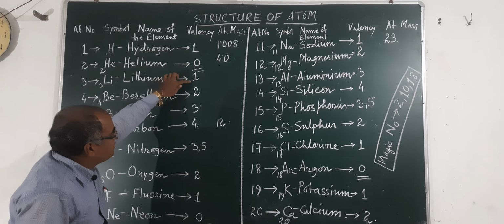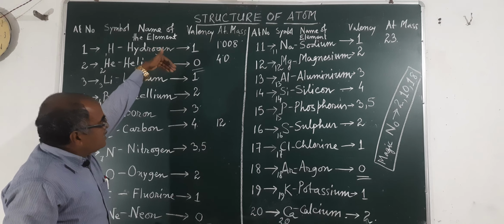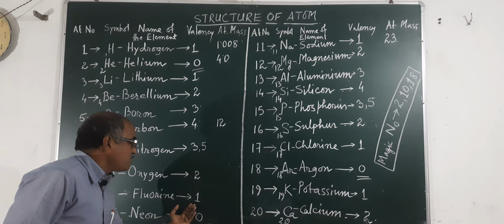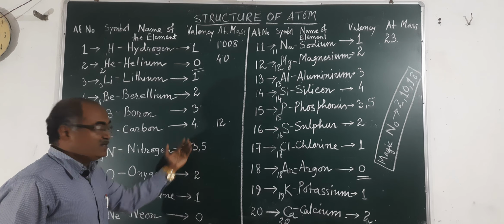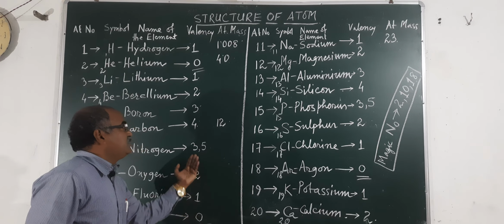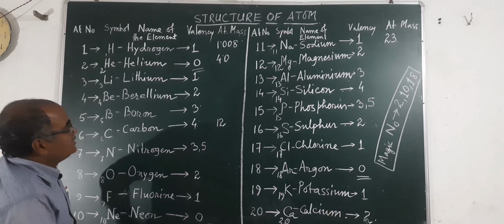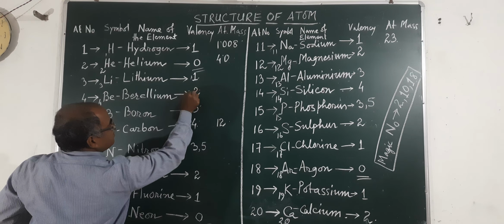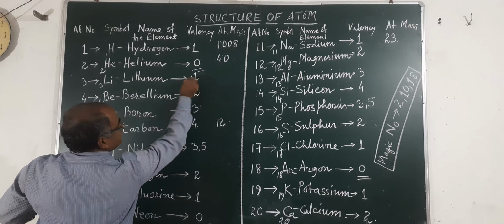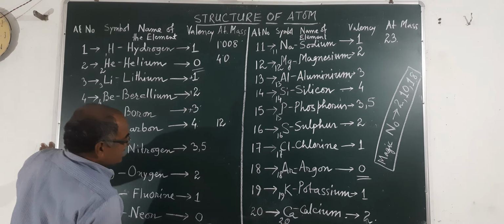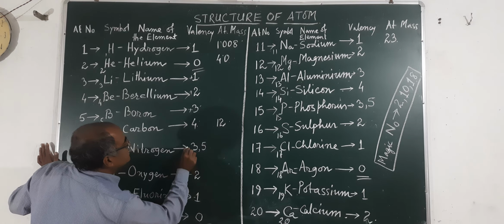From here we are counting the numbers in a progressive way, and here we are counting in the retrogressive way, that is, negatively. Here it is positive, so you may write +1, +2, +3, and here we can write minus 1, minus 2, minus 3.